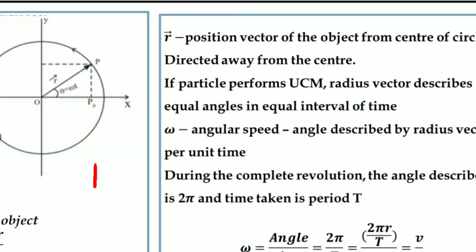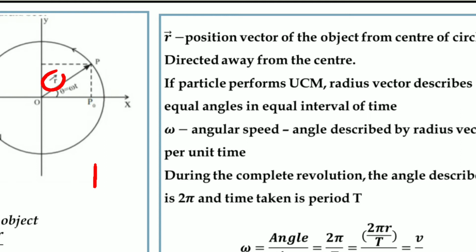Now here r bar is the position vector of the object from the center of the circle. You can see in the figure that r is the position vector of the object from the center, and it is always directed away from the center.